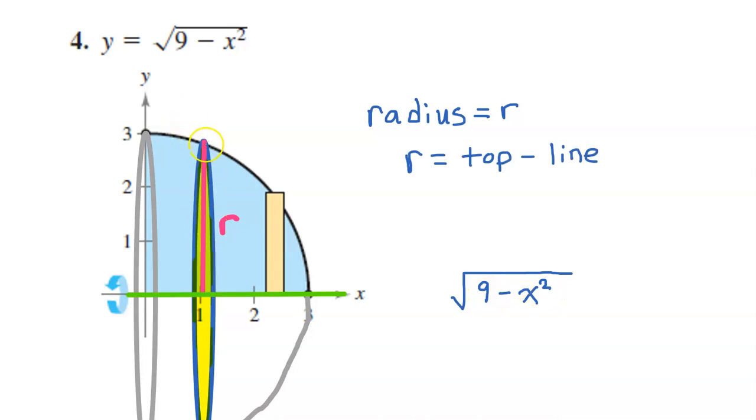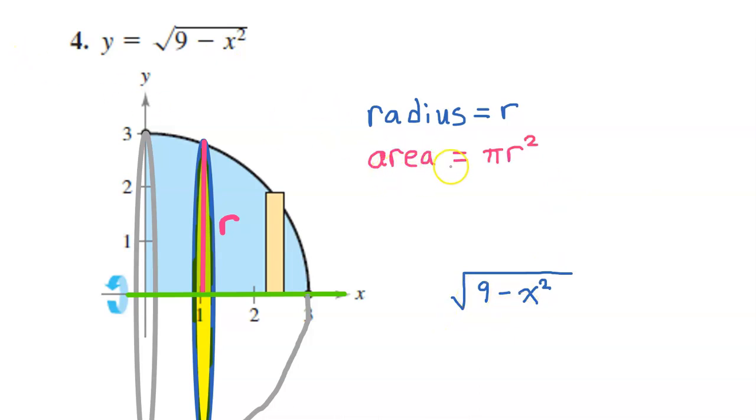In general, when the radius is vertical like this, an expression for the radius will just be the top function minus the line that we are rotating around. But in this case, the line is the x-axis. The line is 0. So if we just do the top function minus 0, it's really just the top function.